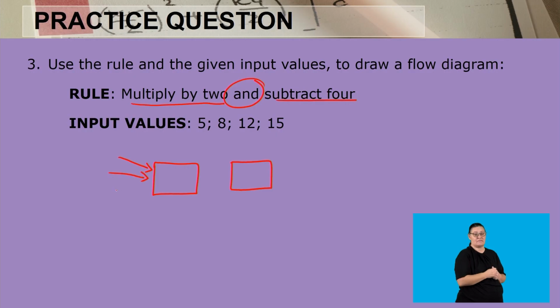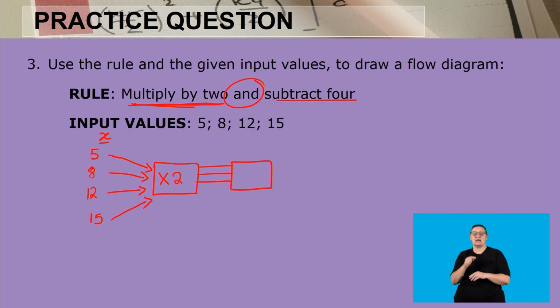We can see there that we were given 4 input values, and we know the input values there are represented by an x. What are those input values? Well, 5, 8, 12, and 15. So these input values are first going to be multiplied by 2, and each of them are going to go through the process.